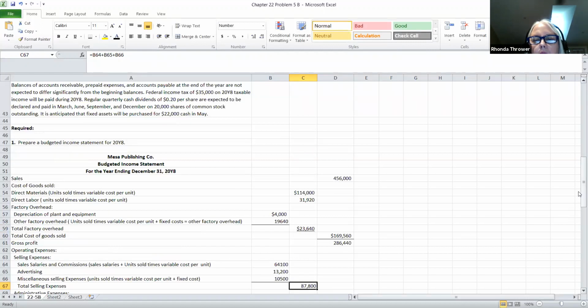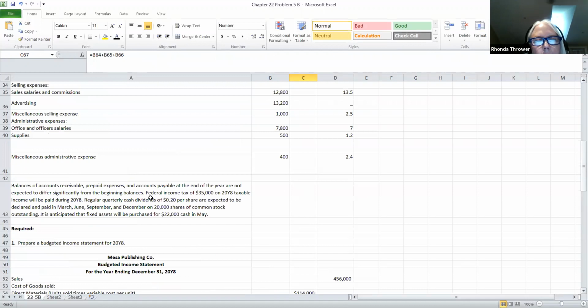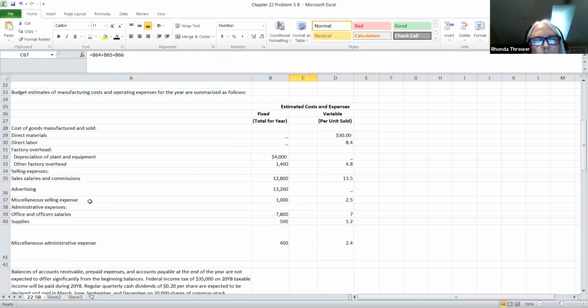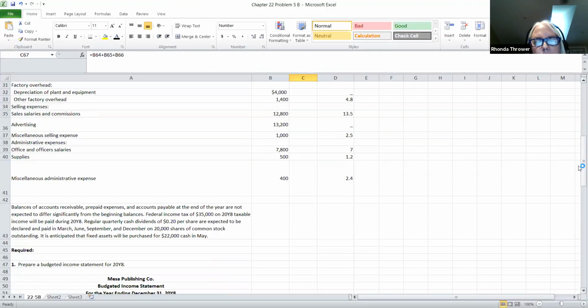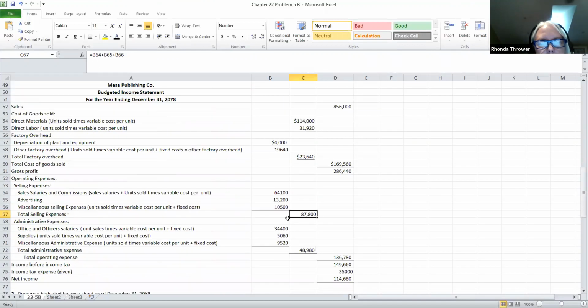So going back to the administrative expenses, the office and officer salaries, $7 times 3,800 units will give you the variable portion, plus you have to add back the 7,800 to get the total amount of the office and officer salaries for that time period. And that amount was 34,400.